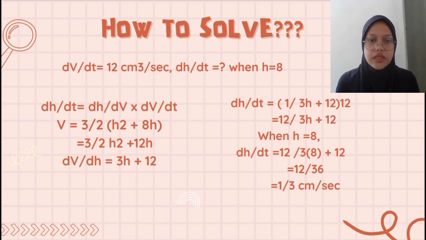We have to invert the value of dV/dh because the formula is dh/dV. And lastly, the question has given the value of h, which is 8. So we just have to put the value of h in the formula to get the answer, which is 1 over 3 cm per second.